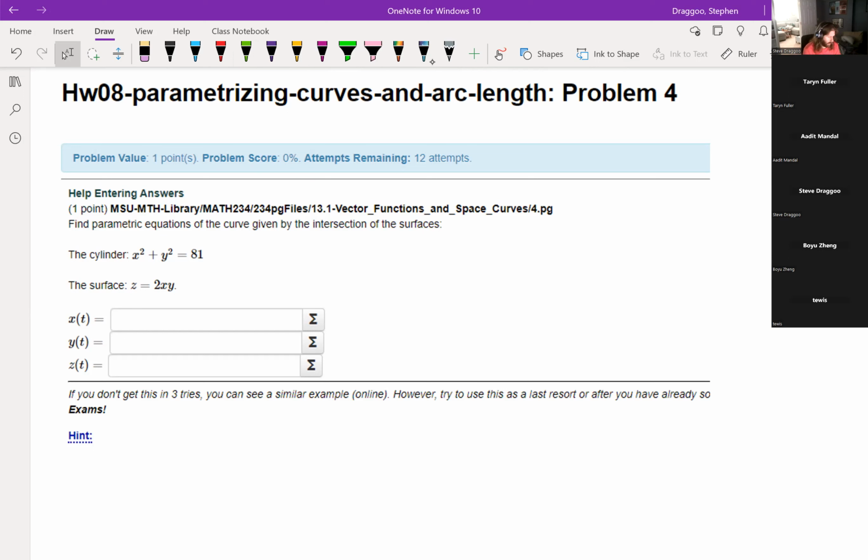And there are a few methods that we'll go about for trying to determine our parameterizations. It all depends on the types of surfaces we're working with.